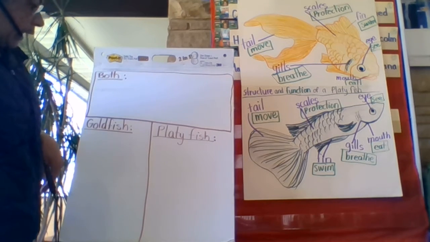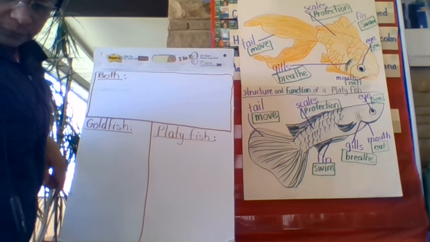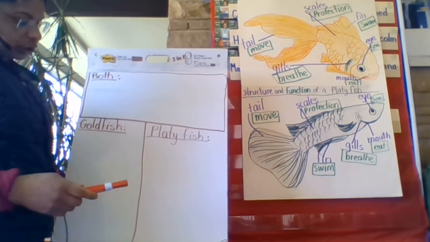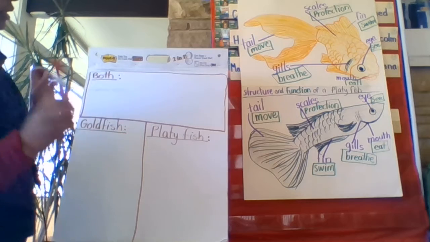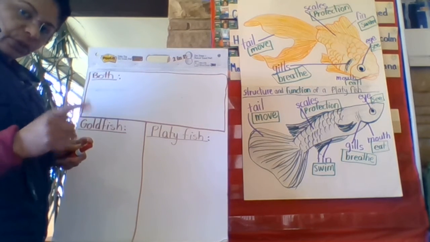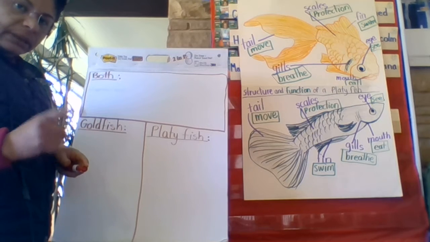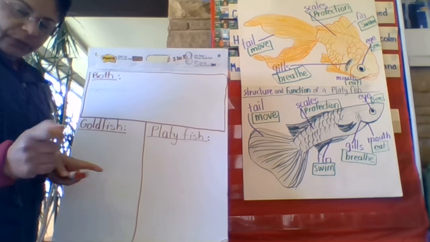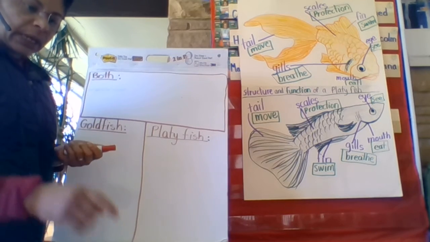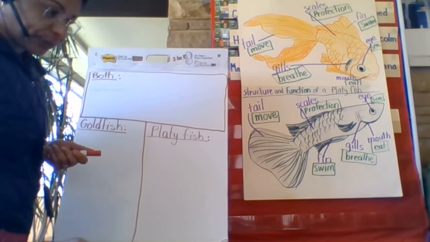So, we are going to start looking at our scientific illustration and see what are some things that both of them have. And we are going to be using the word both. So when you practice this at home, make sure you use the word both.